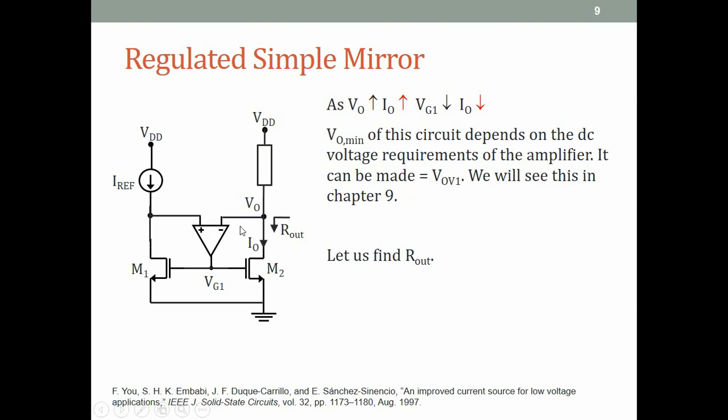So that VO min, as far as the op-amp is concerned, we'll keep pending. But let me just tell you that the op-amp will not limit VO min. Let us find R out for this circuit, or maybe I am asking you to find first. So you pause, you solve the AC circuit and find R out, and then continue.